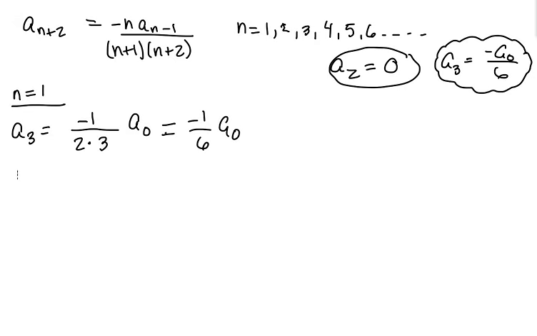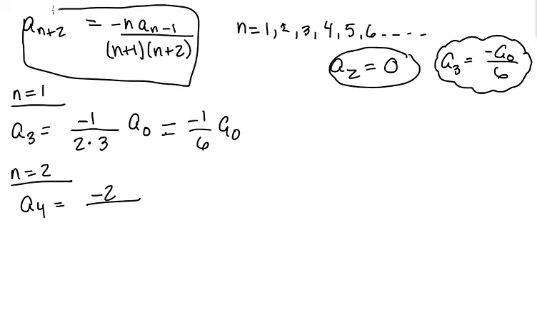Okay. Now n equals 2 is a sub 2 plus 2 is 4, negative 2. So I'm just putting in a 2 wherever I see an n in here. So I'm using this. 3 times 4, a sub 1 equals negative 1 over 6, a sub 1.